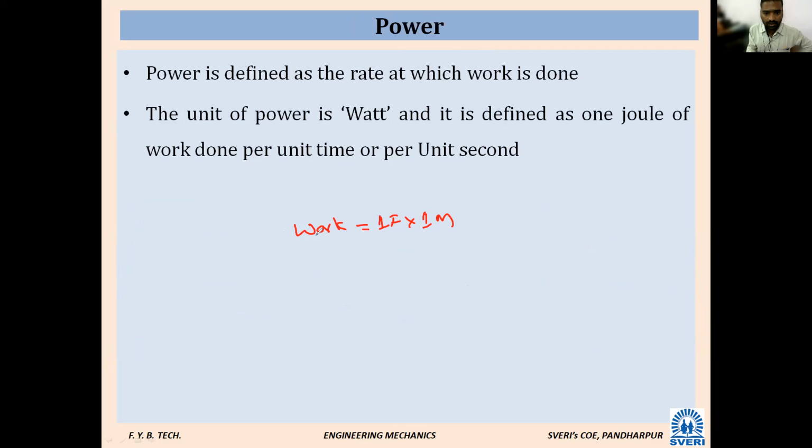So per unit time, every 1 unit time, I have to do the same work. It means rate of change of work done. What is the unit of power? Newton meter per second. What is Newton meter? Joule per second. So this entire term is called watt. Understood? Yes sir.